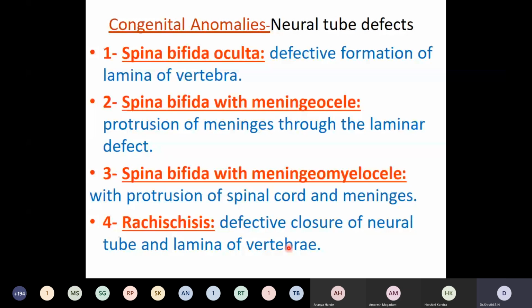Tell me why folic acid is necessary? It is necessary for the synthesis of DNA and RNA, right? Purines and pyrimidines. Yes. So because of the deficiency of folic acid, the neural tube development also will not occur properly. That results in many neural tube defects.